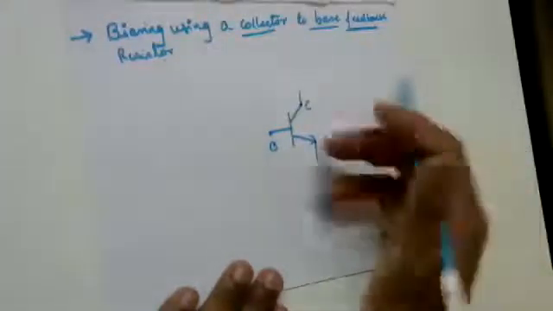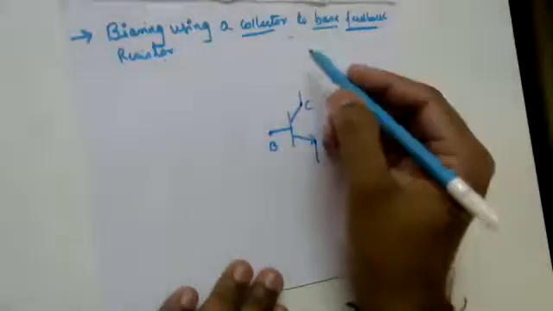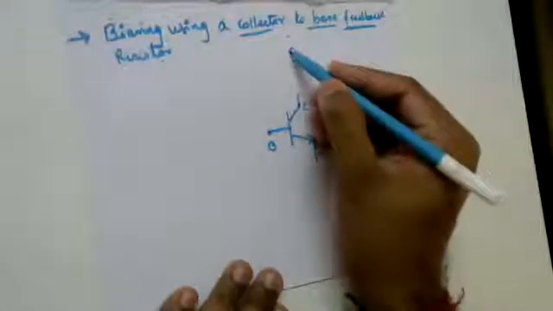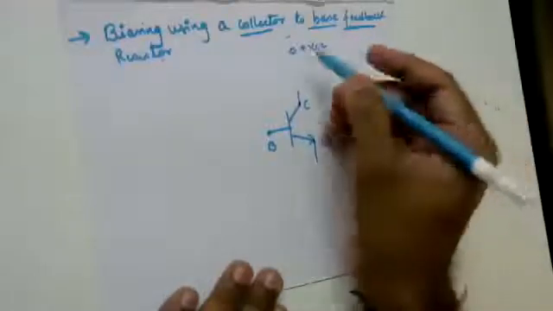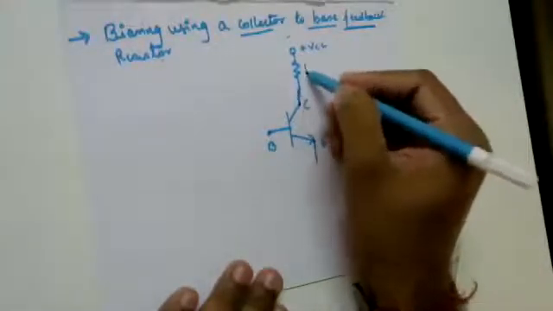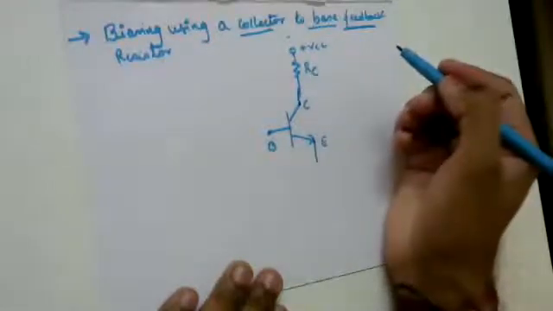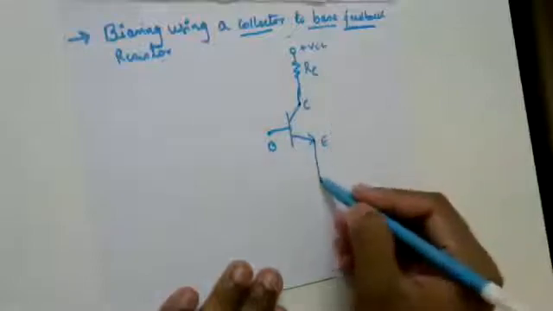Now I know that whenever I want to bias this collector part, I'll be having a biasing voltage plus VCC. In order to limit the current, I'll be having the resistance RC. Then the emitter will be grounded.